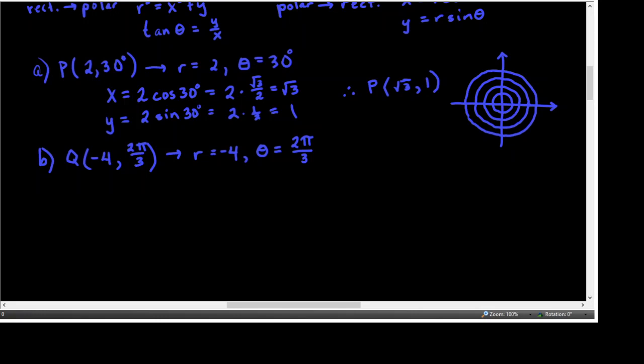And a lot of times what you'll see with that are a bunch of line rays, I should say, extending out from the pole. Let me draw some of those in. And these are supposed to be evenly spaced around the circle.